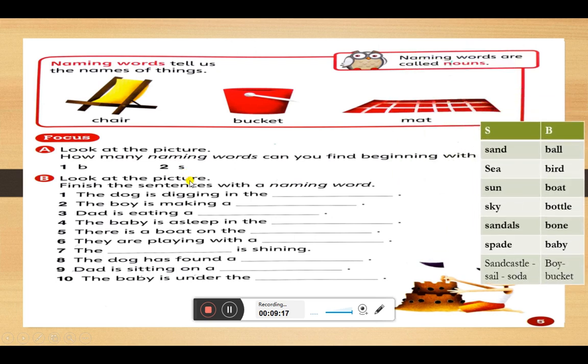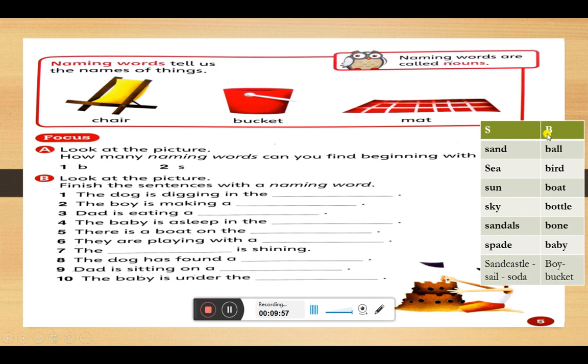Okay. Here we have a table of all the naming words or nouns that begin with letter S, and all the naming words or nouns that begin with letter B. So, the words that begin with letter S, we have sand, sea, sun, sky, sandals, spade, sandcastle, sail, and soda.